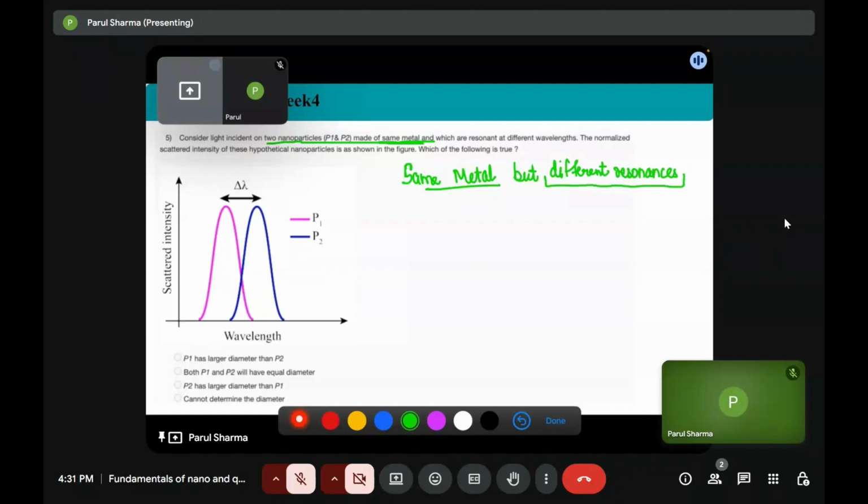This can be possible with different size.